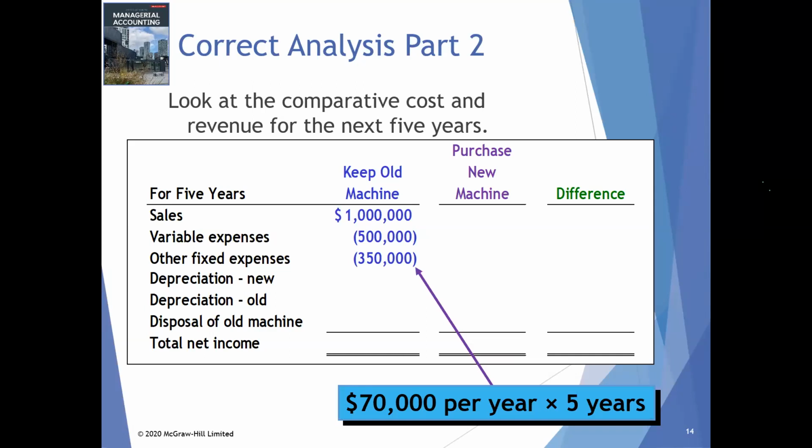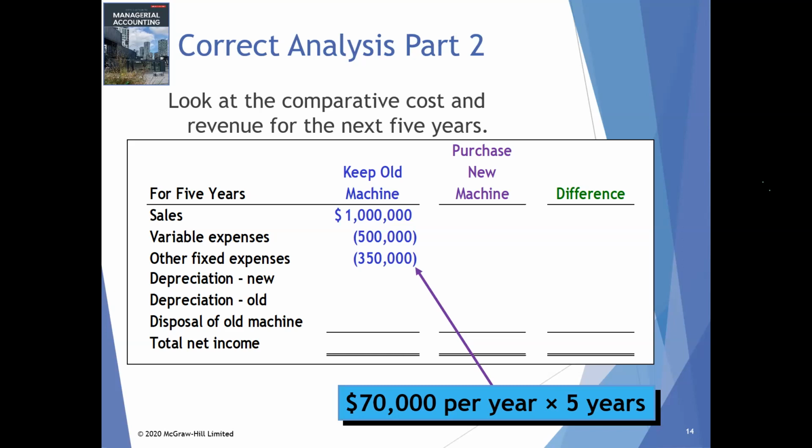We know that if we are going to keep our old machine for the next 5 years, definitely we will put some depreciation on that. Whatever the value of this machine today is, that will be depreciated. We will offset the cost of the asset over the period of time.